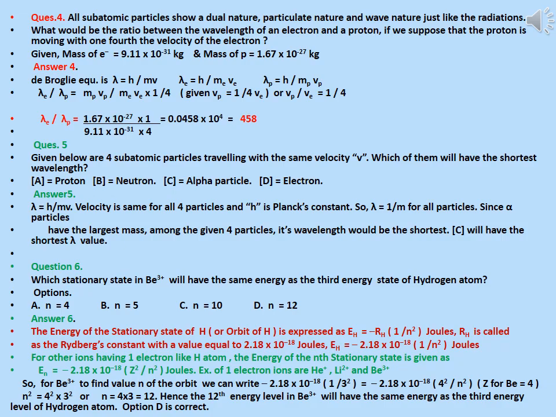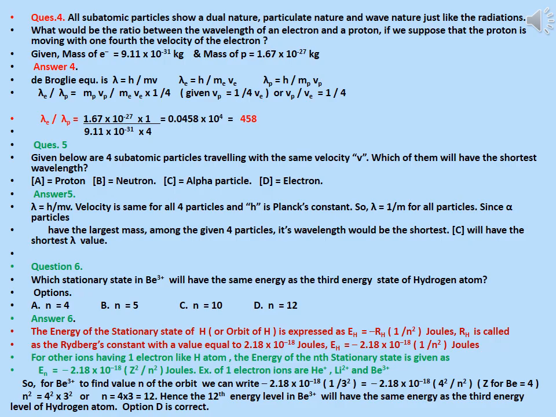Lambda E is h by MeVe, where Ve is the velocity with which the electron is moving, and lambda P is the wavelength of the proton, which is equal to h by mp Vp. Mp is the mass of the proton, Vp is its velocity. Finding the ratio, lambda E by lambda P is equal to mp Vp divided by me into Ve, the whole into 1 by 4.